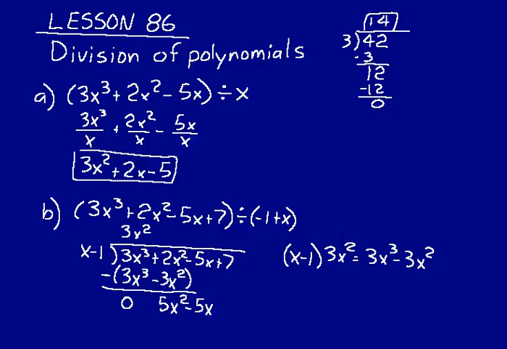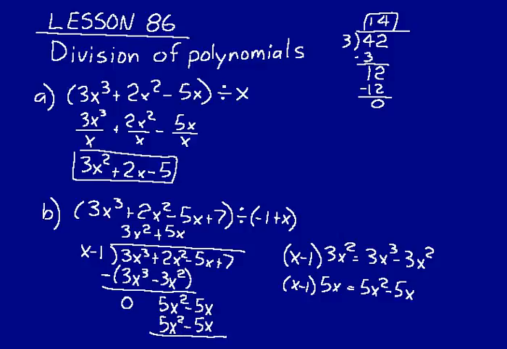Okay, now we want to get rid of the 5x squared. So we think, what can we multiply x minus 1 by to get 5x squared? Well, that would just be a 5x, right? So that would be 5x squared minus 5x. And so up here we'll put positive 5x, and down here we'll have 5x squared minus 5x.